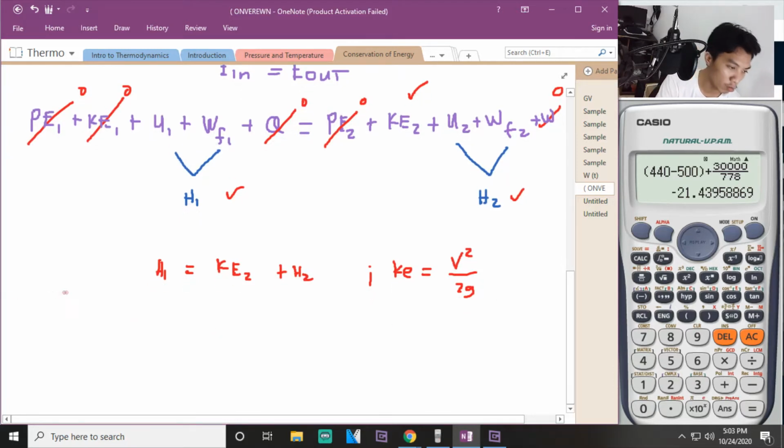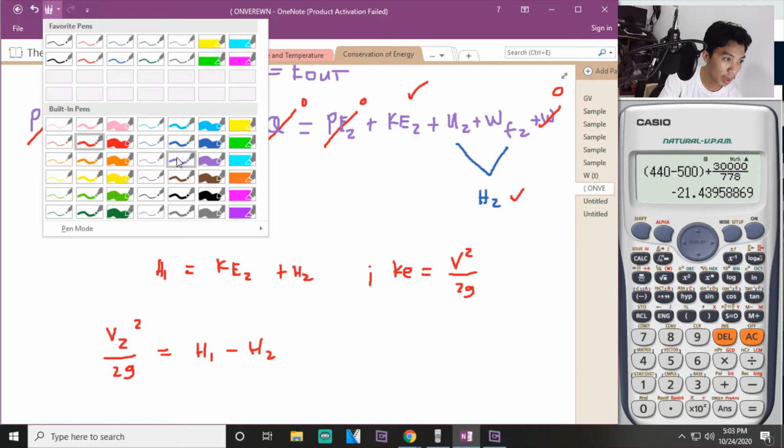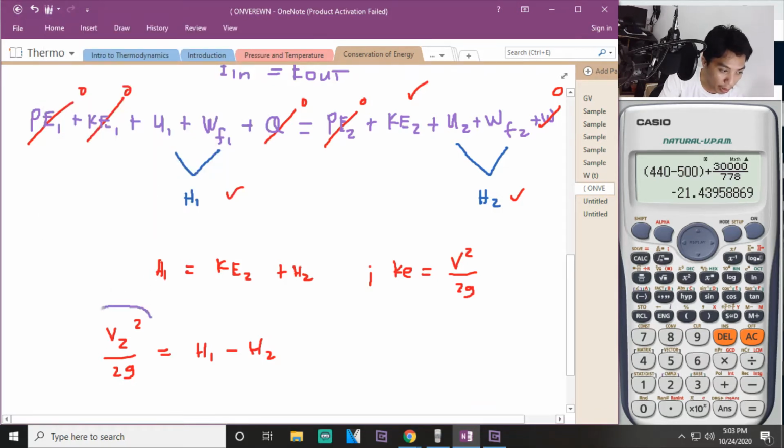That is KE. Now, wala siyang mass ha. Wala pang mass yan. No mass effects. So, kunin natin yung sa KE. That is V2 squared over 2G equal to, lipat natin dito, H1 minus H2. Ang kinukuha natin is velocity lang naman. Pwede natin to i-simplify. So, i-multiply ko na lang itong 2G dito.